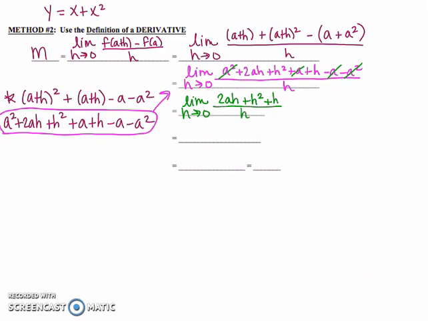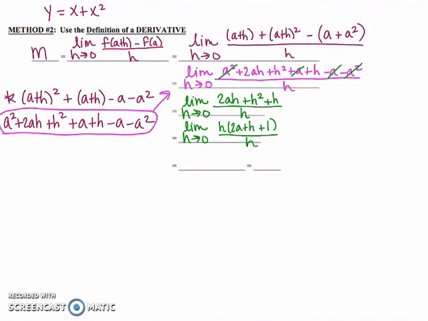And as far as the order that you write those three terms in the numerator, I don't think it really matters. The next step is going to be to factor the h out of the numerator, just like we did in that first example today. So that's going to be the limit as h approaches 0 of h times 2a plus h plus 1, over h.